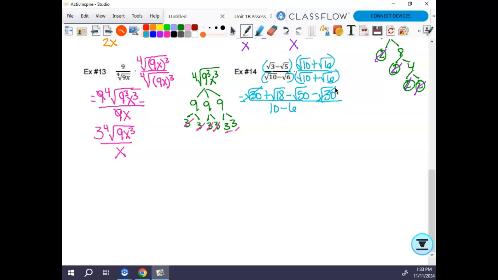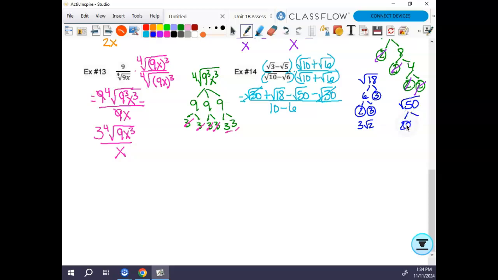So square root of 18. What are two numbers that multiply to give me 18? 6 and 3. And then 6 can be 2 and 3. So that means square root of 18 is 3 square roots of 2. Yes? Square root of 50.